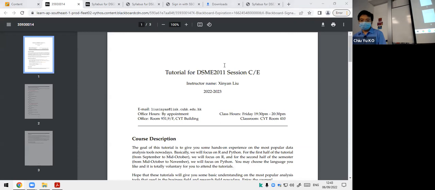Your tutor for the computer programming will be Xu Liu. She is a second-year PhD student. She is doing applied econometrics, so statistics is not an issue for her.